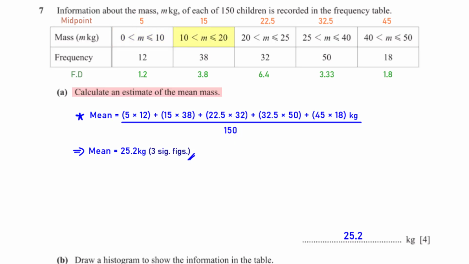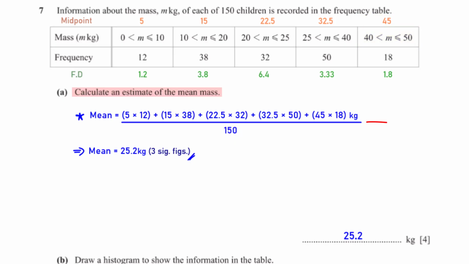Then we have 10 plus 20 divided by 2, which is 15. 20 plus 25 divided by 2, which is 22.5. 25 plus 40 divided by 2, which is 32.5. 40 plus 50 divided by 2, which is 45.